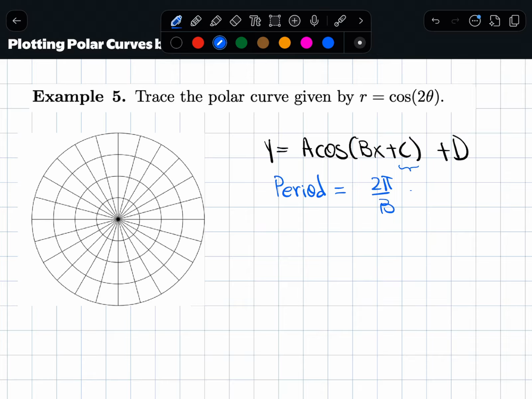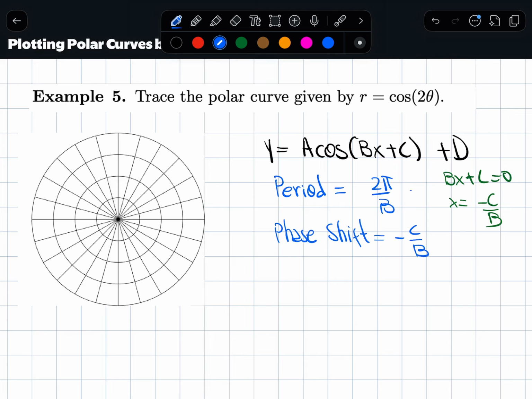C is going to tell you about the phase shift, so that will be how later or earlier than 0 your function will begin. So the new 0 basically is going to be whatever value you get by making bx plus c equals 0.